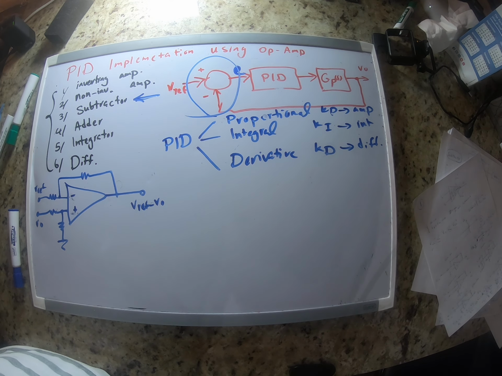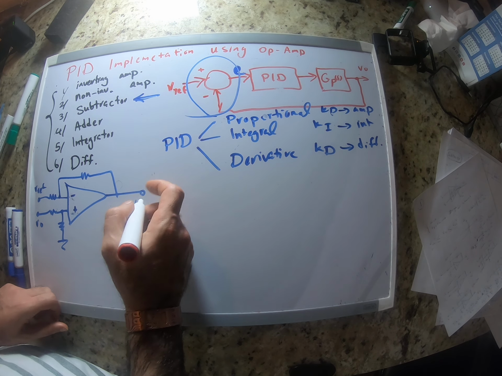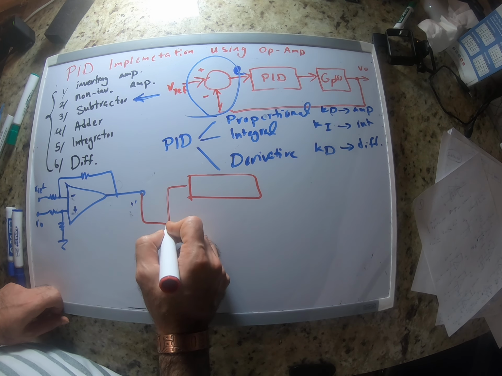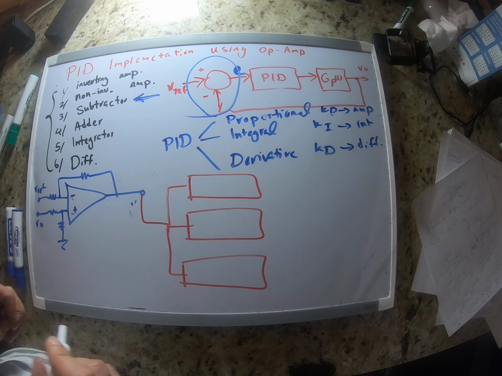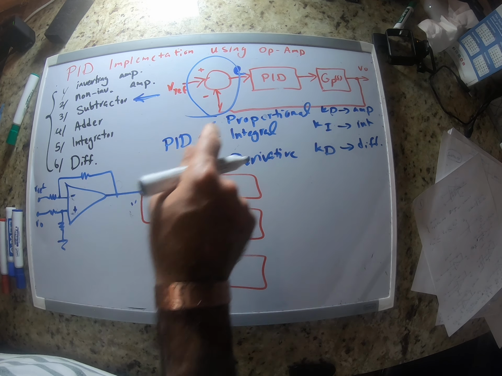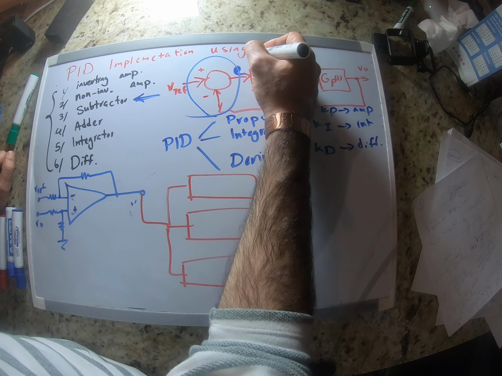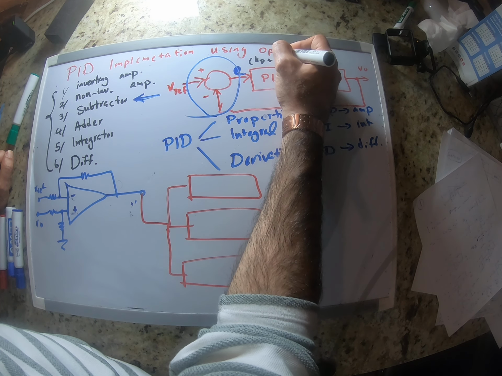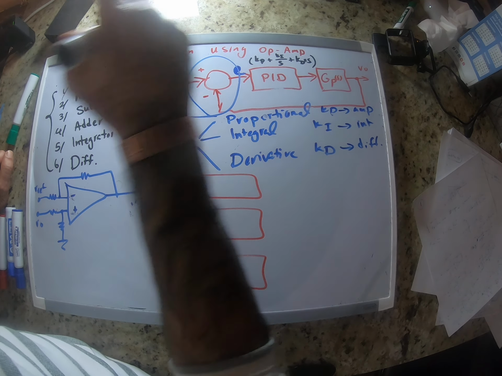So what we basically do here, let me take this one here. We basically want to multiply the error by Kp, plus Ki over S, plus Kd times S, right?